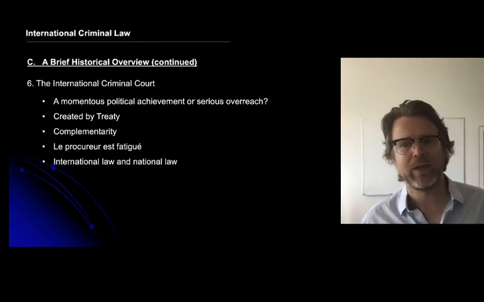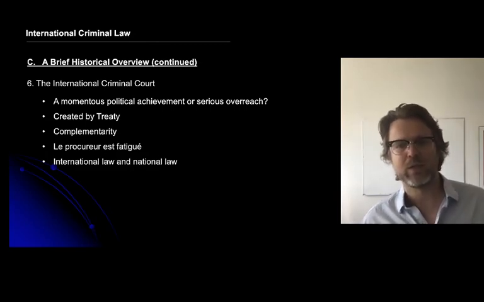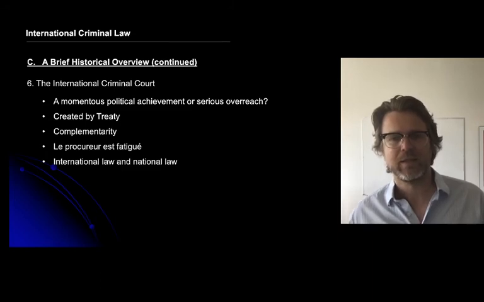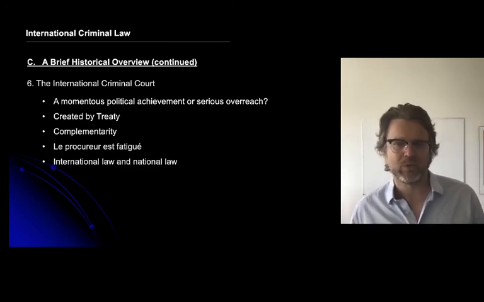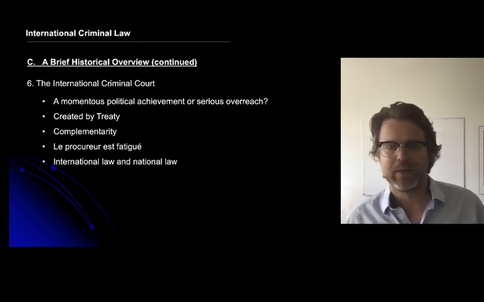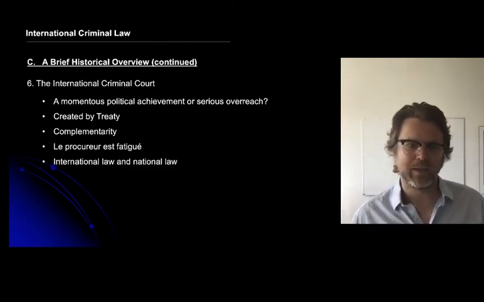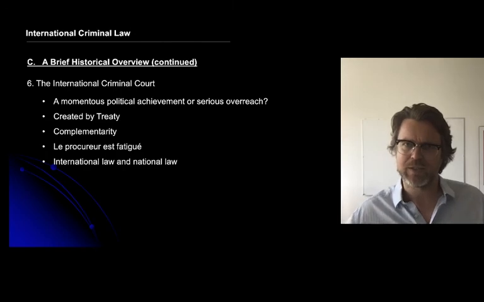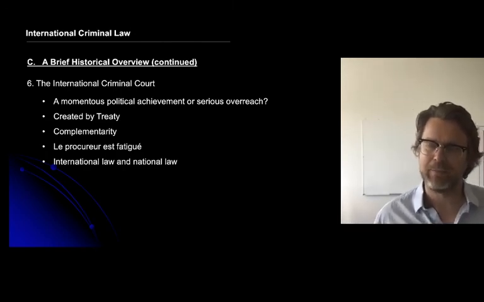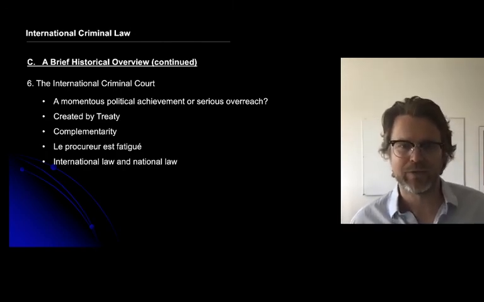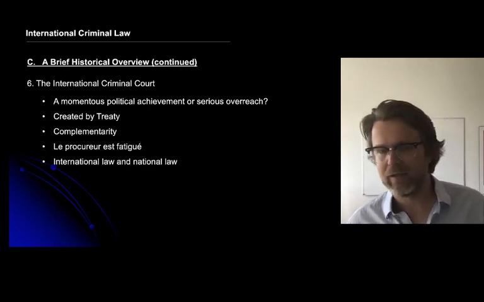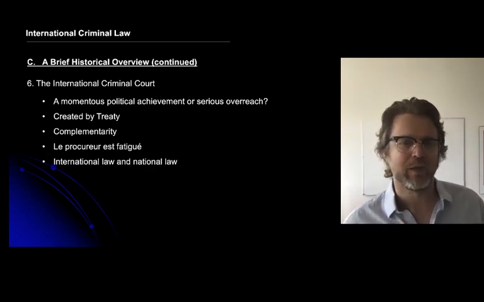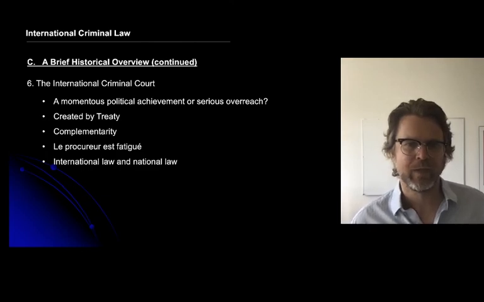It's only when national courts are unwilling or unable to bring these sorts of cases that the International Criminal Court steps in, if it has jurisdiction, and then and only then is there a possibility for bringing a suit in the International Criminal Court. So it serves this auxiliary purpose as a backup mechanism for when national cases have failed, and that concept goes under the rubric of complementarity.